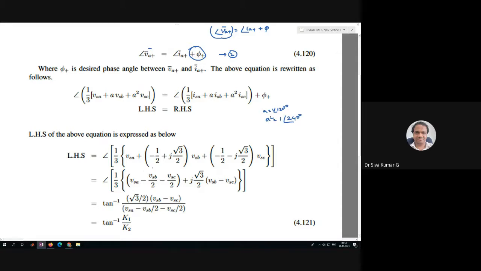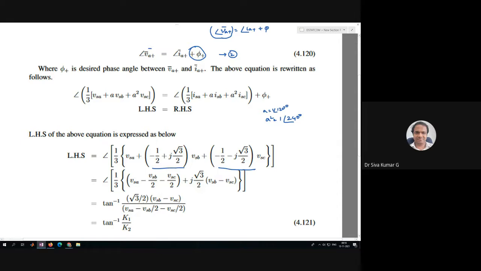Then we get this expression: cos 120 plus j sin 120. And we are finding the angle by taking the real parts of this equation.